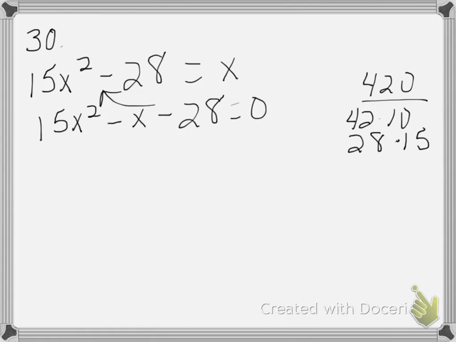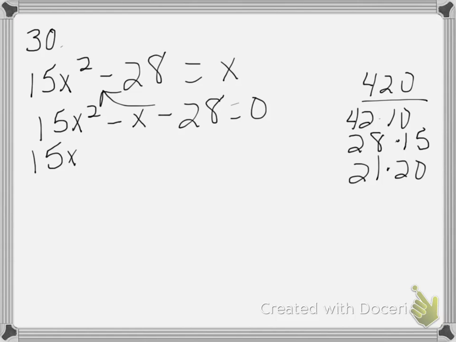I'm going to try 18. 420 divided by 18, it doesn't go. Let me try 20. And 21 times 20, and 21 minus 20 is 1. So I'm going to split the middle term, and I want a negative one. So I'm going to put the negative with the 21.